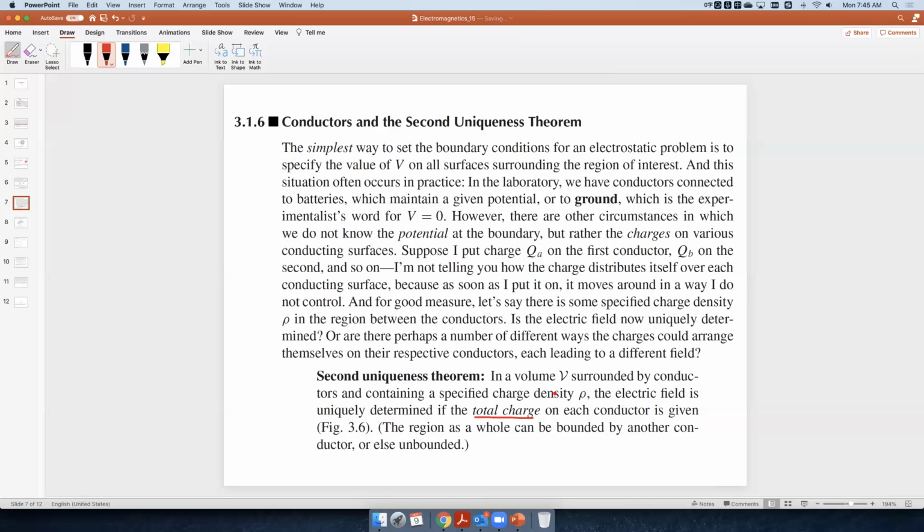Okay, so that's the second uniqueness theorem. If in a volume surrounded by conductors and containing a specified charge density rho, then the electric field is unique.